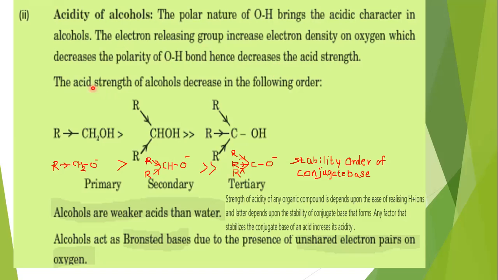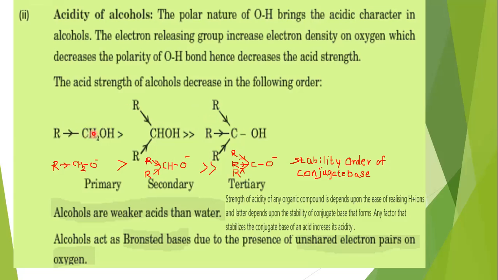See here in this example, the acid strength of alcohol decreases in following order. This is primary alcohol RCH2OH, this is secondary alcohol R2CHOH, and this is tertiary alcohol R3COH. So here alkyl groups are electron releasing or electron donating groups.